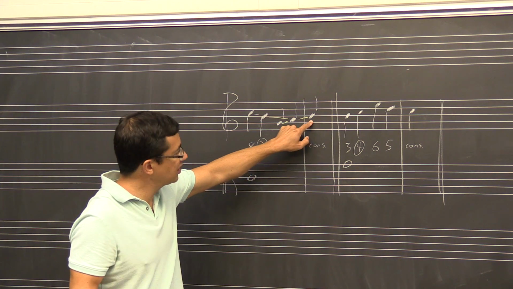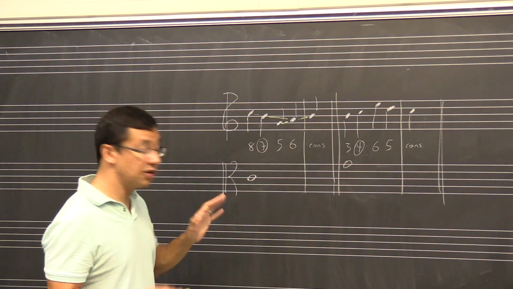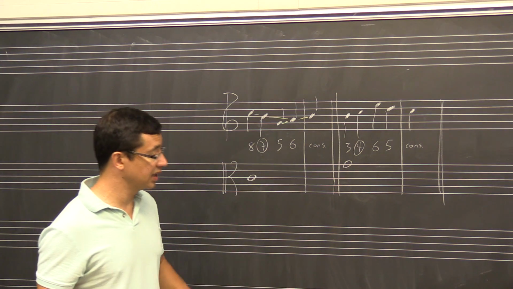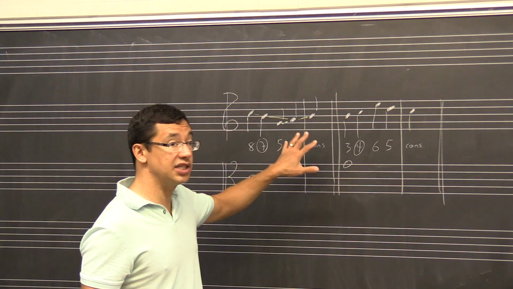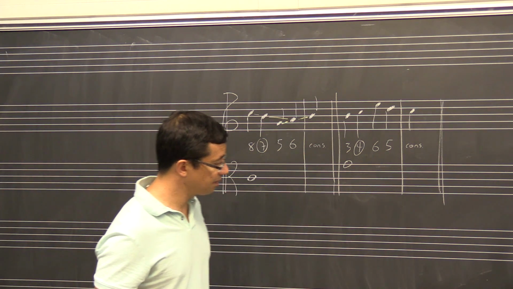This has to be a consonance, but it doesn't matter which consonance. Since it's not up to us to write the cantus firmus, we can only use this pattern in places where it results in a consonance.